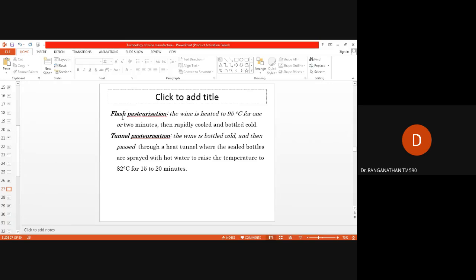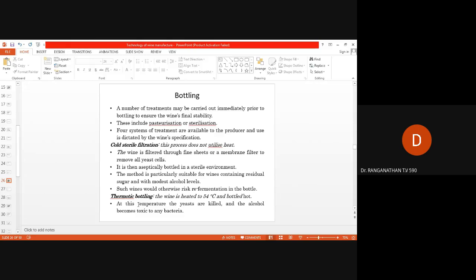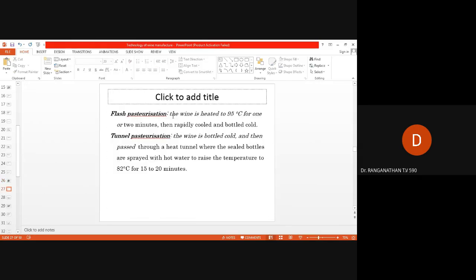Flash pasteurization is done, but this is pasteurization followed by bottling. The earlier one is in-bottle pasteurization.